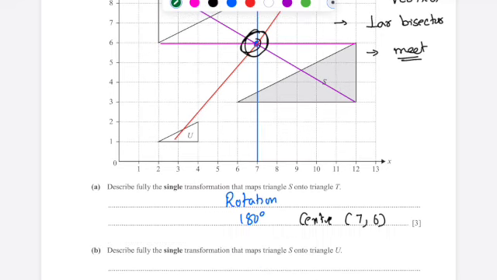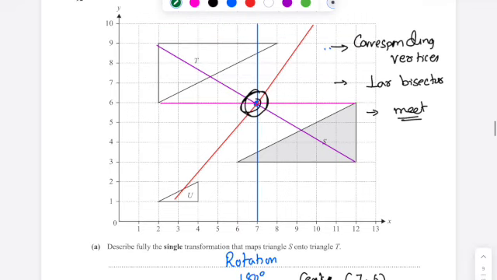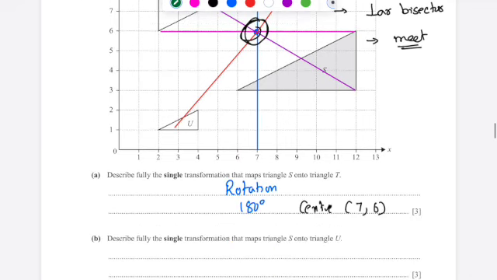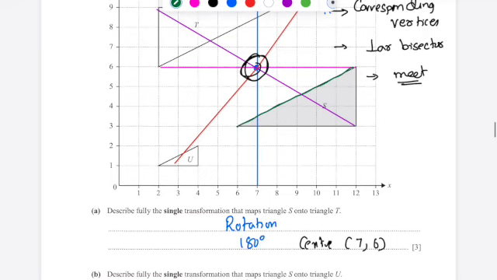Now coming to the next one. Describe fully the single transformation that maps S onto U. So it's clearly nothing but what? It's an enlargement. We can see that it is an enlargement. Then join the corresponding vertices.